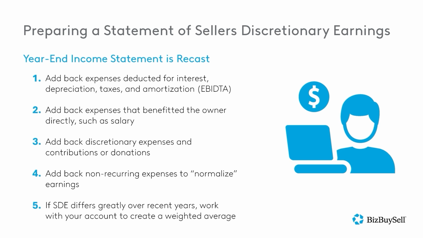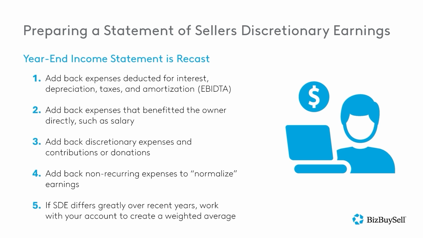Preparing a statement of seller's discretionary earnings, SDE. To calculate SDE, a key figure in small business sales, the year-end income statement is recast with the following adjustments. 1. Add back expenses that were deducted for interest, depreciation, taxes, and amortization, resulting in what accountants call business EBITDA, earnings before interest, depreciation, taxes, and amortization. 2.